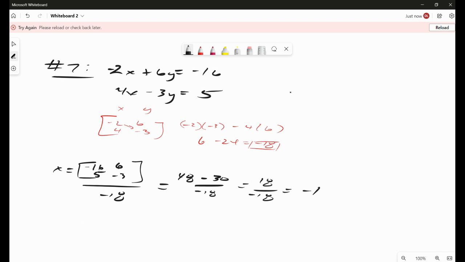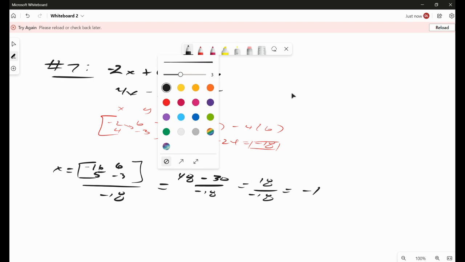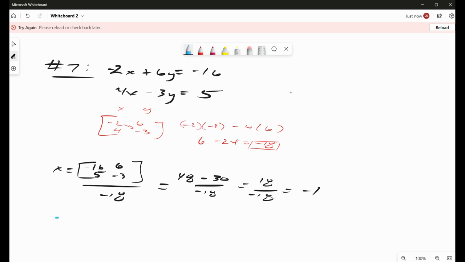So it's negative 1. And then from there, we can just solve for y. So I'm just going to take that first equation. I'll do that in a different color here. We'll do this one in blue. And I'm going to go, okay, well, negative 2, and I know that x is negative 1. So negative 2 times negative 1 plus 6y equals negative 16.